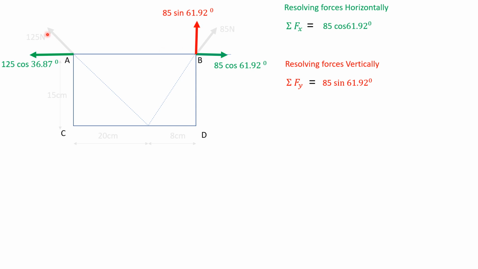Now resolving this 125 horizontally, it will be 125 cos 36.87 degrees. It is directed towards the negative x-axis, so minus.